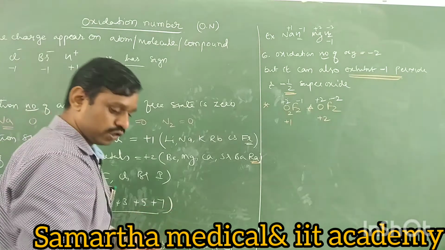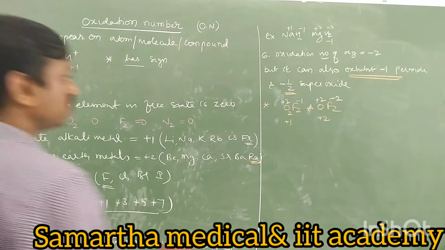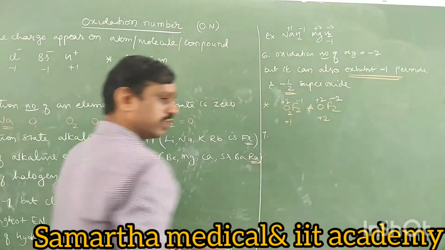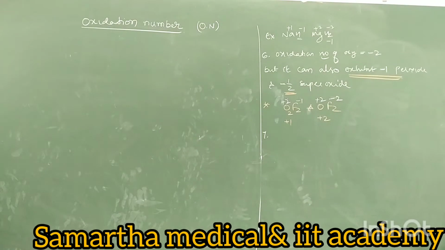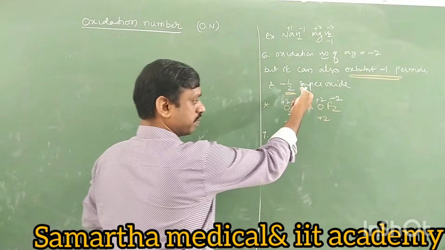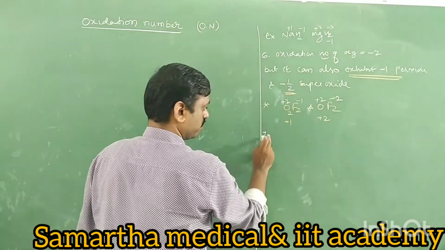Therefore, oxygen can exhibit plus 1, plus 2 OS in combination with fluorine only. Next, 7th point. The oxidation number of oxygen is minus 2, peroxide minus 1, superoxide minus half.